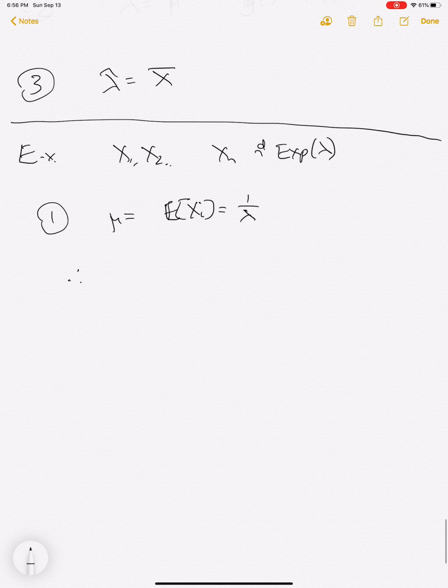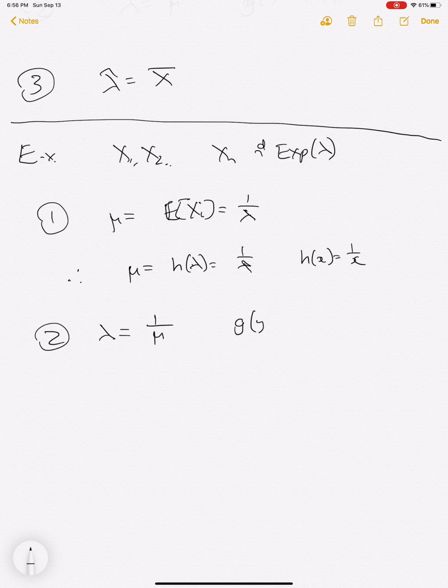So therefore mu equals h of lambda, which is 1 over lambda. You can think of it as h of x is 1 over x. Then we want to invert that relationship, which conveniently works out to be exactly the same thing. So lambda is equal to 1 over mu, so your g of y is 1 over y here.